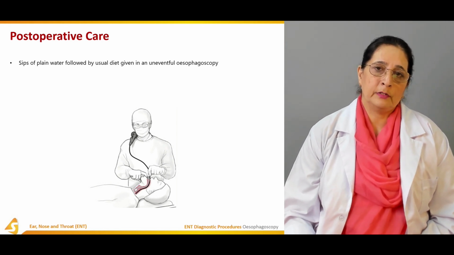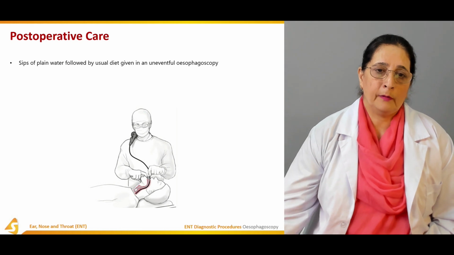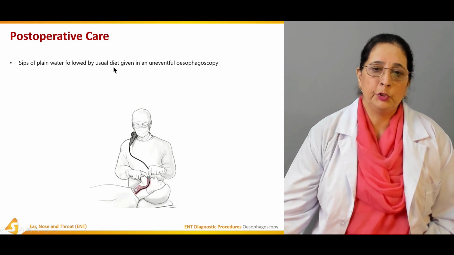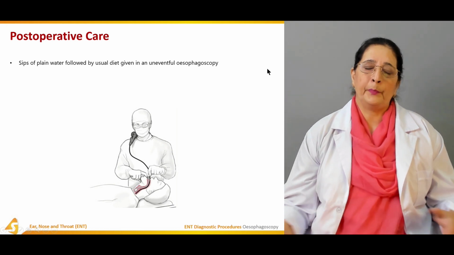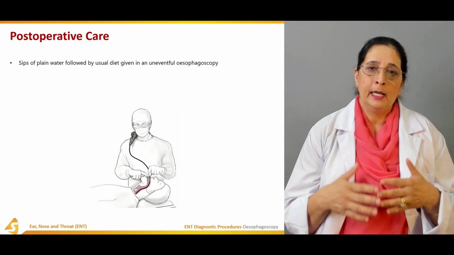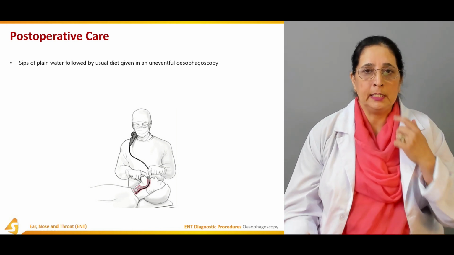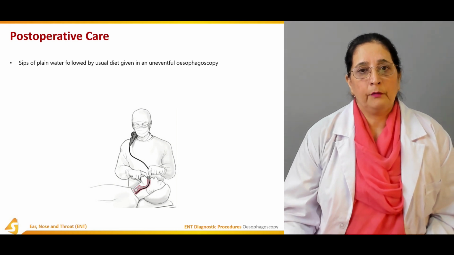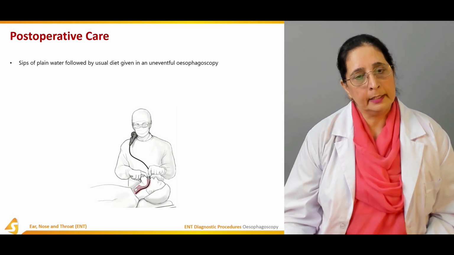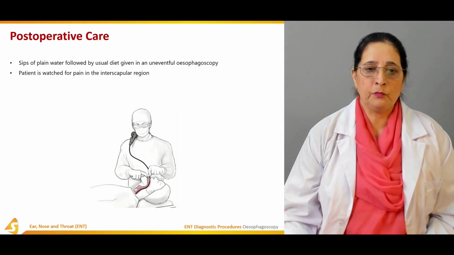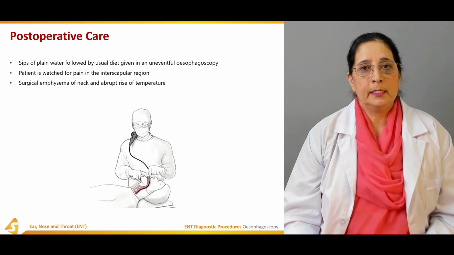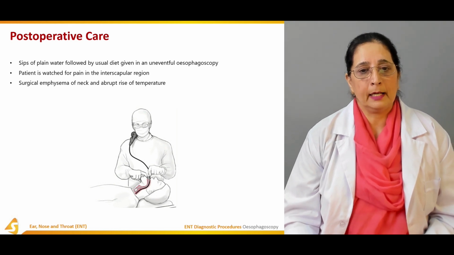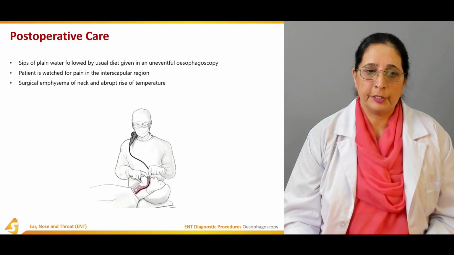Post-operative care after esophagoscopy: in an uneventful procedure with no complication, sips of plain water followed by usual diet are given. The patient is watched for pain in the interscapular region between the two scapulae, surgical emphysema of the neck, and abrupt rise of temperature.